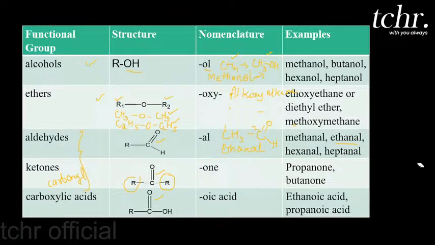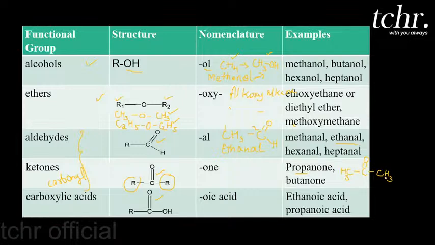Now let me write the structure of propanone. Now observe, students. Propanone. Prop means how many carbon atoms? 3 carbon atoms. So definitely C double bond O indicates the ketone group and on both sides it is a methyl group.